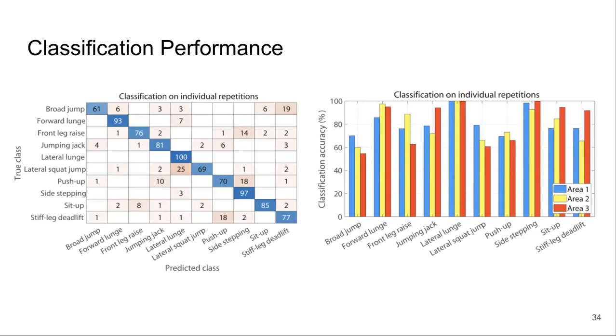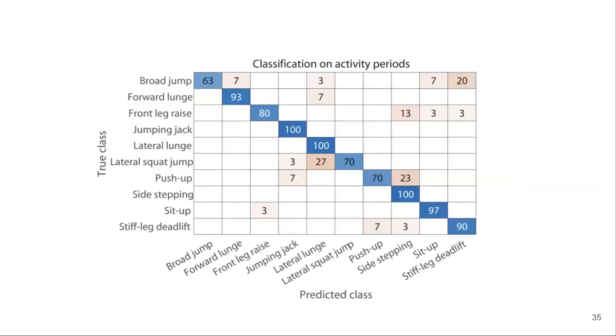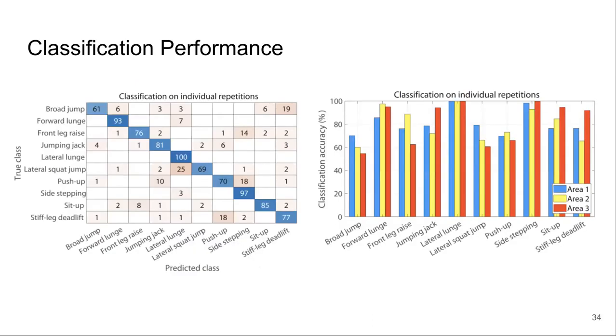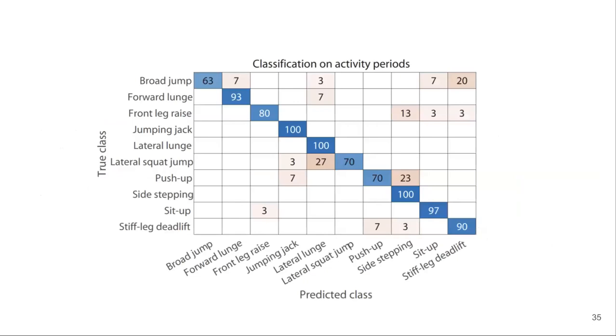The main errors are due to the inherent similarity of gym activities such as lateral squat jump and lateral lunge. Since this is computed on each repetition independently, when considering the average of 5 repetitions each, we see an improvement in the classification accuracy.